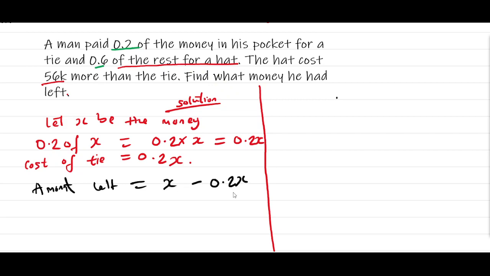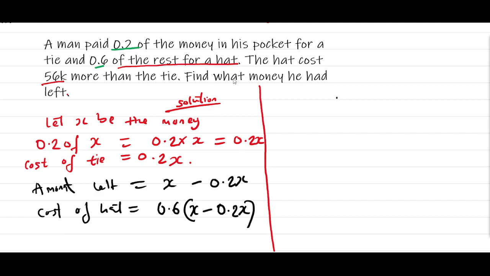He spent 0.6 of this amount for a hat. So the cost of the hat is 0.6 multiplied by x minus 0.2x.